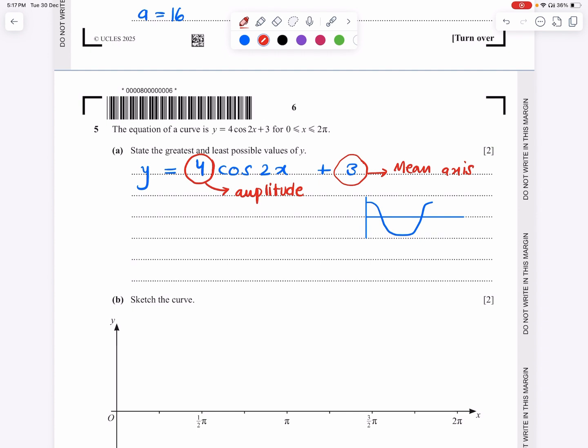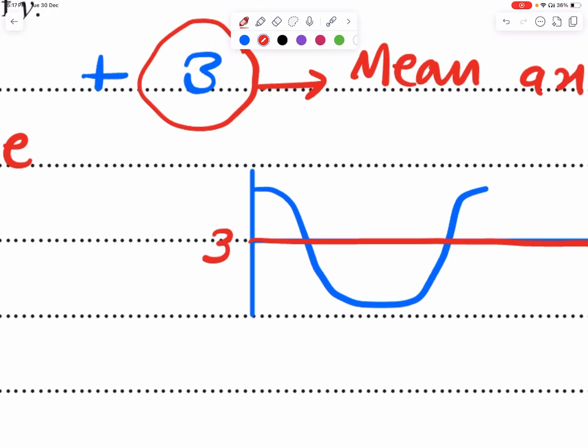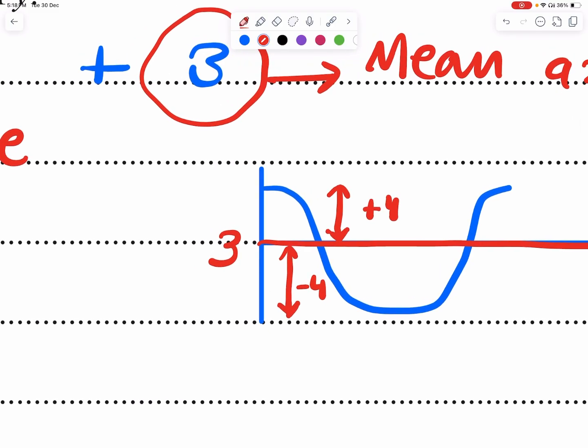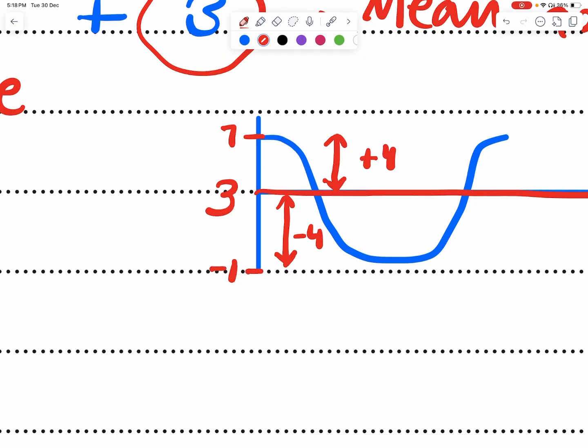It basically means that this is your mean axis and this is at 3. This amplitude means that this distance over here is positive 4, and this distance over here is negative 4. So if I add 4 to 3, that's going to be 7. And if I subtract 4 from 3, that's going to be negative 1.